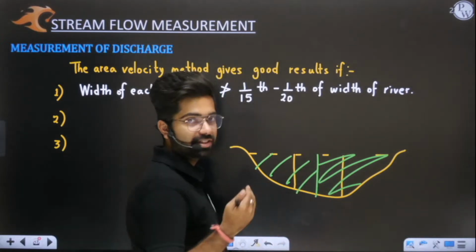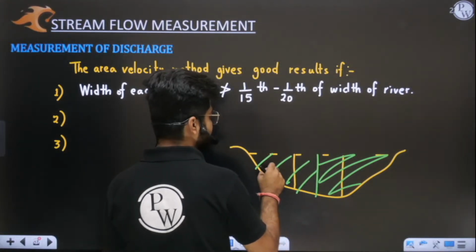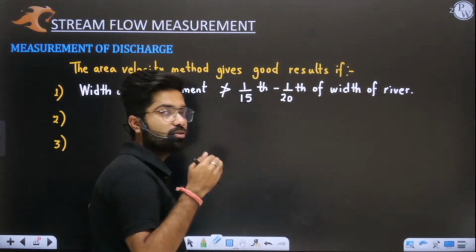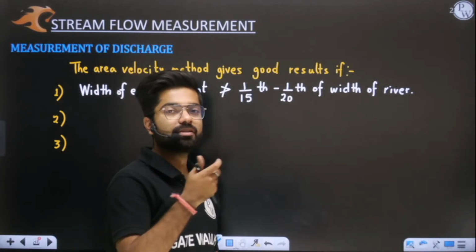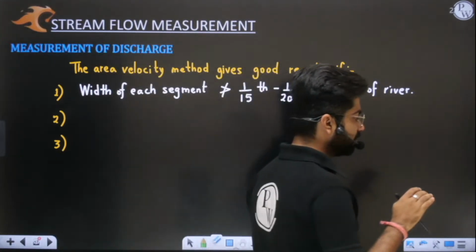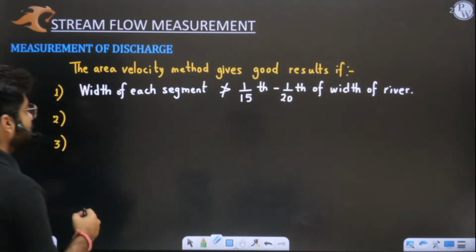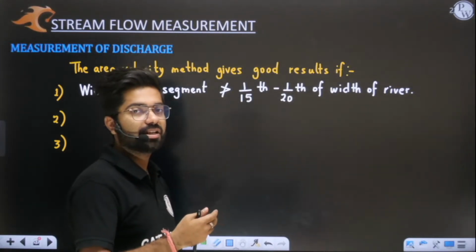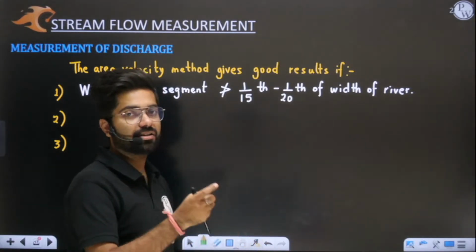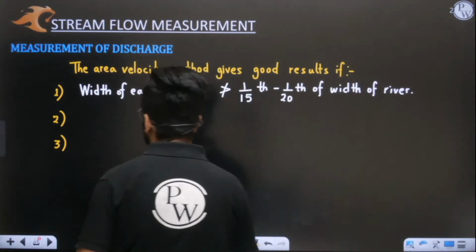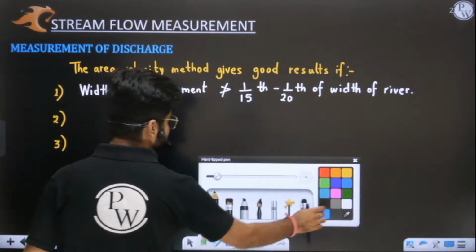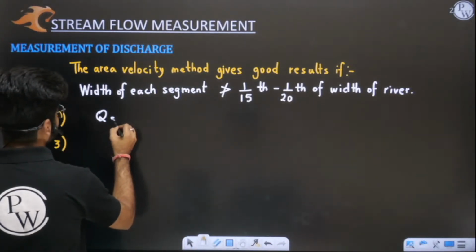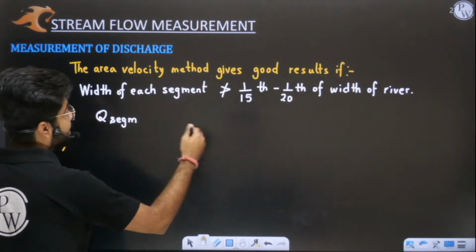If you get lesser width, obviously the answer will be more accurate. If you divide your river into more segments, the answer will be more accurate. You should not be lazy and divide into a very small number of segments, so that more inaccuracy is there. So to ensure accuracy, I will divide it into a proper number of segments.